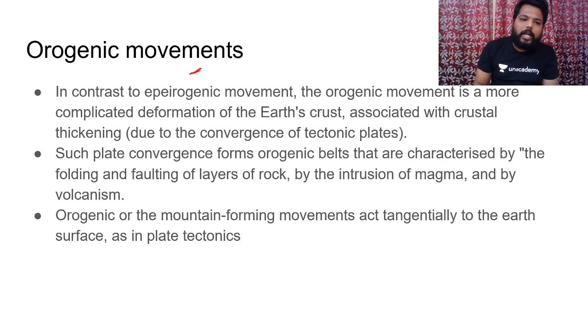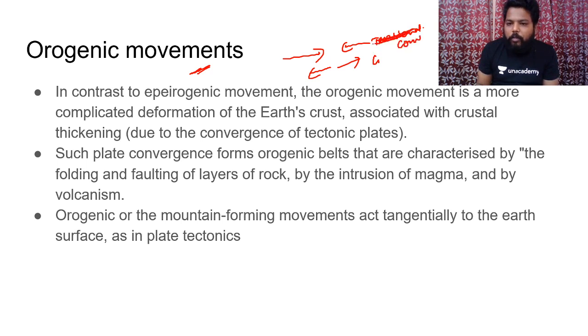And next is orogenic movements. They are horizontal movements. Either they move towards each other or they move away from each other. When they are moving towards each other, they are called compressional forces.